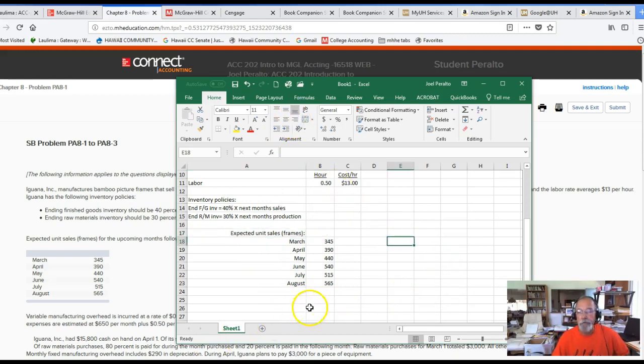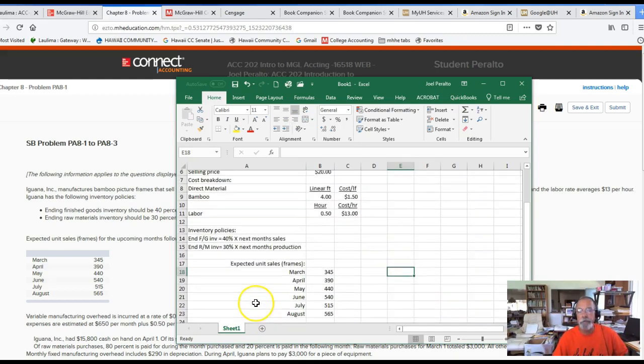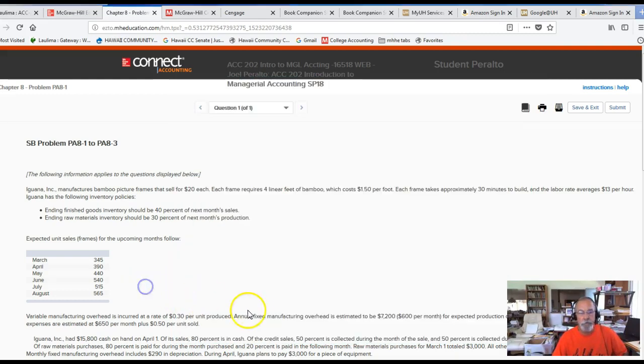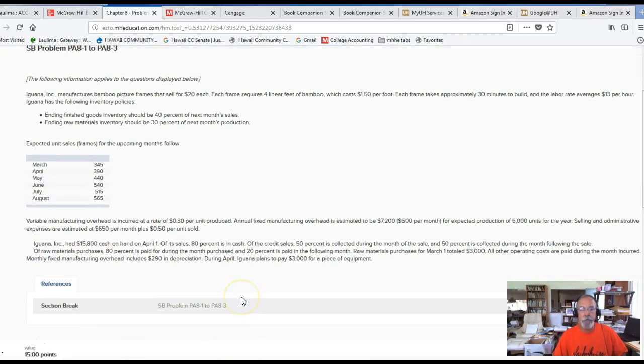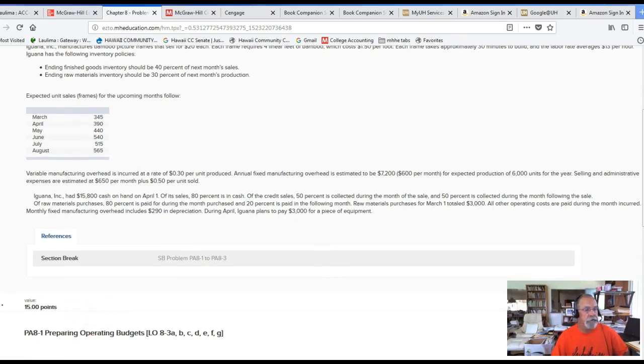Okay, now let's see what we have here. Variable manufacturing overhead is incurred at a rate of 30 cents per unit produced. Why don't we throw that in there?